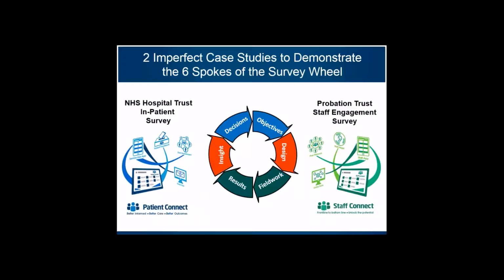And we're going to use these 2 surveys to basically bring to life the key element of the 2 papers that are available for download, what I call a survey wheel. And the reason I call it a wheel is that when you come to the design of a survey, it's not a linear step-by-step process, in my opinion, because where you start often depends on the context of why you're doing the survey in the first place.